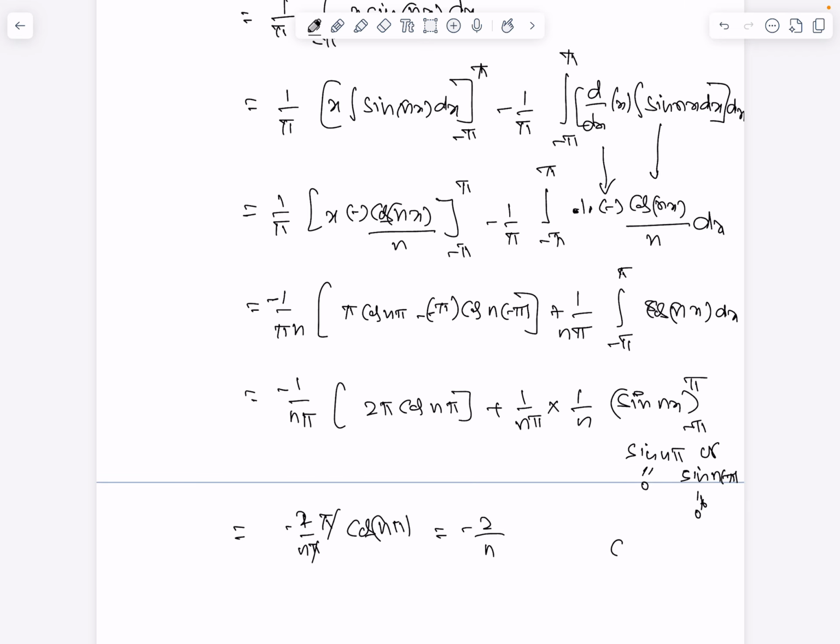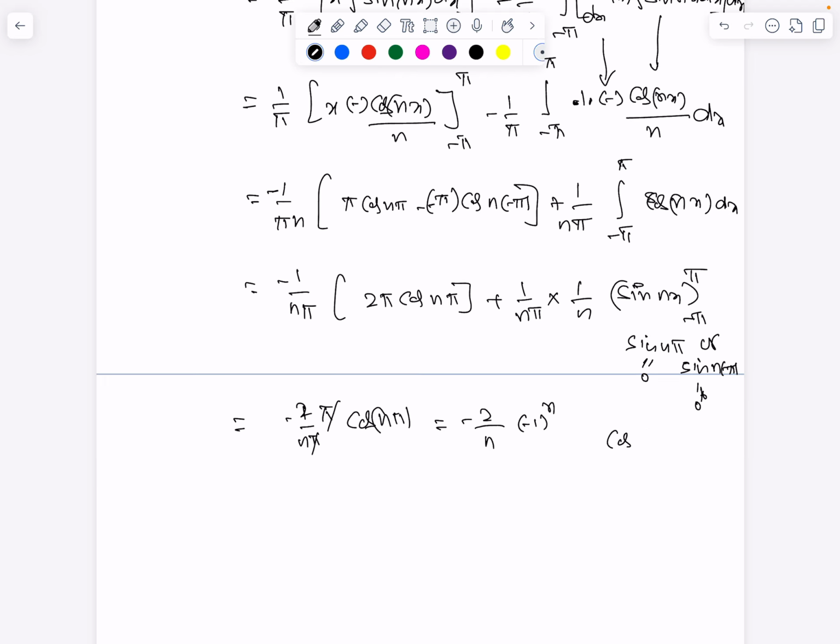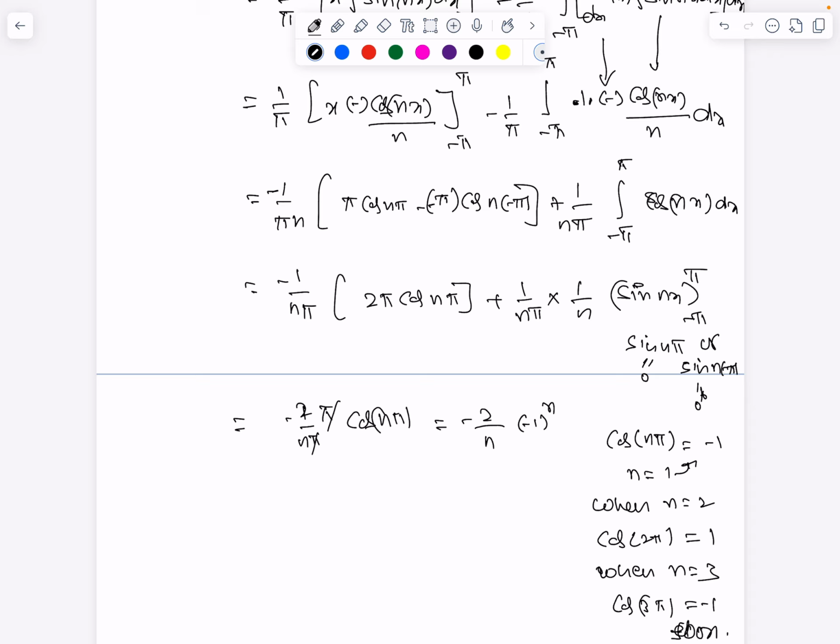Cos n pi is minus 1 whole power n, because cos n pi value is minus 1 when n is equal to 1, when n is equal to 2 cos 2 pi is 1, when n is equal to 3 cos 3 pi is minus 1, and so on.